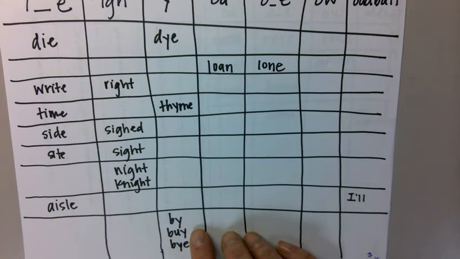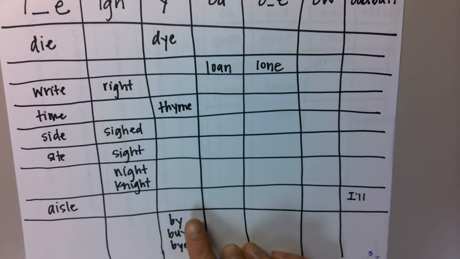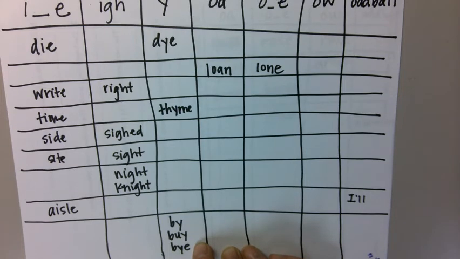She bought a lollipop. And this bye means you're waving goodbye, you're saying goodbye, you're leaving. So we have by, buy, and bye. 3 homophones, 3 different meanings, yet they all follow the same rule for the long I sound by using that Y.